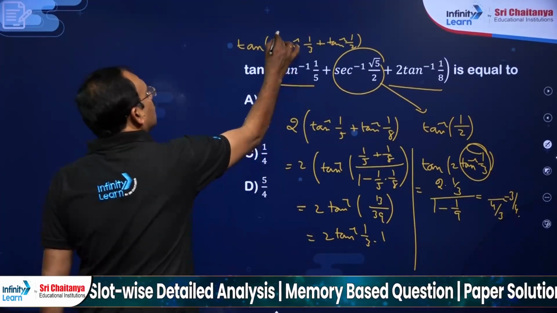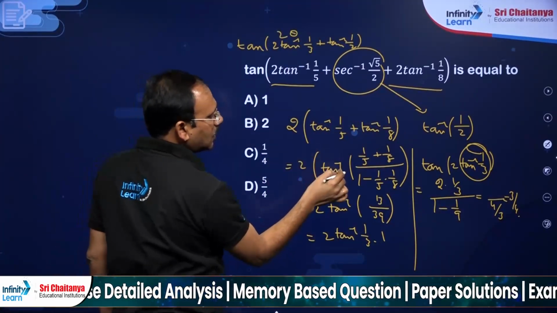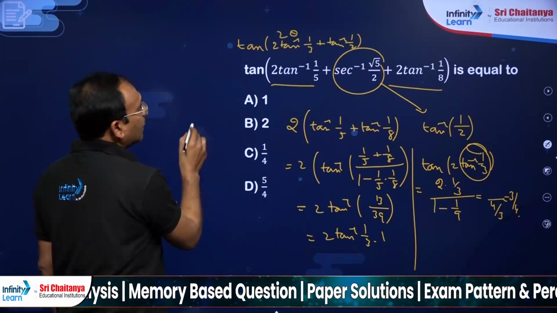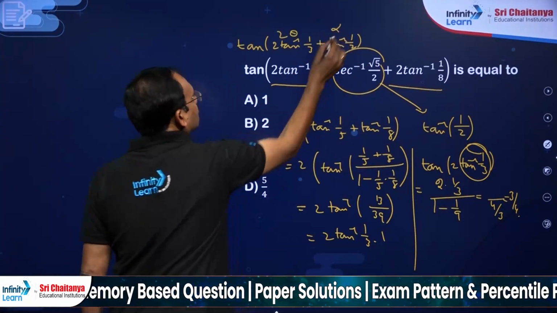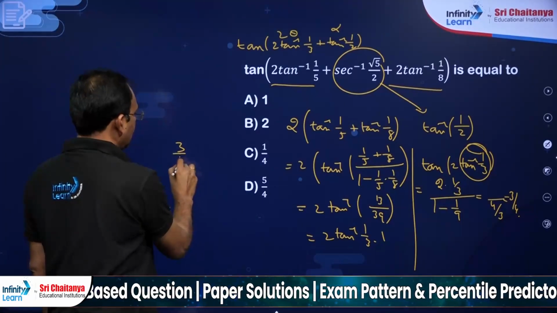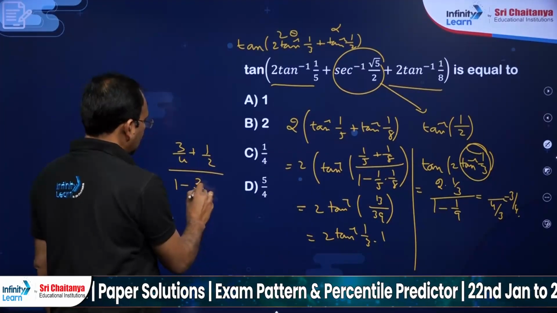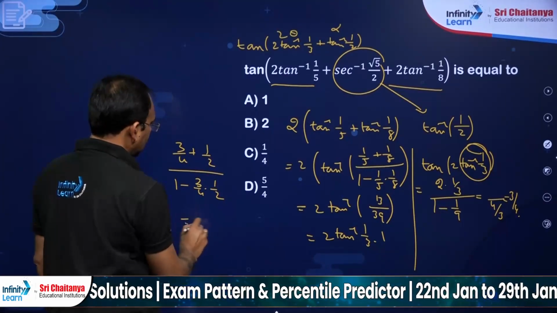So, for 2 theta, the tan value is 3 by 4, the second case is 1 by 2, apply tan. Tan of 2 theta plus alpha means (tan 2 theta plus tan alpha) by (1 minus tan 2 theta into tan alpha).